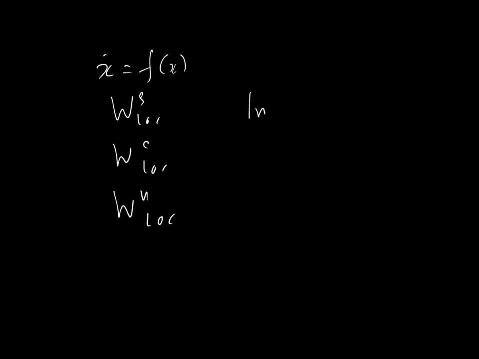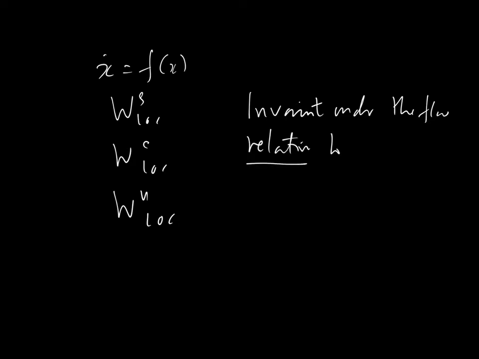And they are invariant under the flow, relative to a neighborhood of P. In other words, you prescribe some neighborhood of P, and if you start on one of these manifolds, you stay on them unless you leave the neighborhood. So that's what invariant relative means, and that's why they're called invariant manifolds: manifolds because they're curved versions of the subspaces, and invariant for this reason.